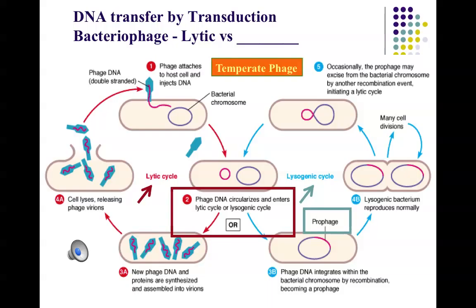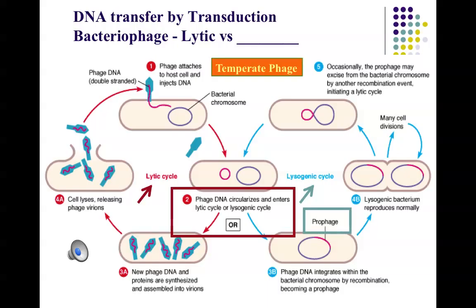So the lysogenic bacterium reproduces normally until there are certain kinds of either environmental or other kinds of nutritional cues or activators that will result in the excision of the prophage back to an extrachromosomal piece of DNA in the form of viral DNA, which is the little red ring outside of the bacterial chromosome, which is the purplish blue larger ring.